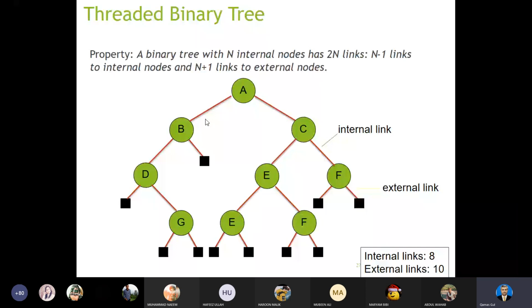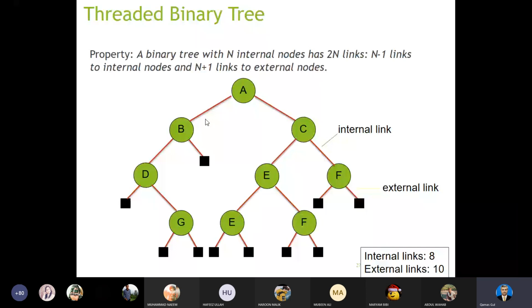The property is saying that links to internal nodes will be n-1. अब काउंट करें जी इंटरनल नोड्स को, जो लिंक्स जा रहे हैं, जैसे ए से बी है, बी से डी है, डी से आगे जो लिंक जा रहा है वो इंटरनल लिंक नहीं है। ठीक है, डी से जी में जो लिंक जा रहा है वो इंटरनल है। ठीक है, सो आपने इंटरनल लिंक्स को काउंट करना है। If you count them they will be 8, and the property says that if the internal nodes are 9, then n minus 1 will be the internal links.